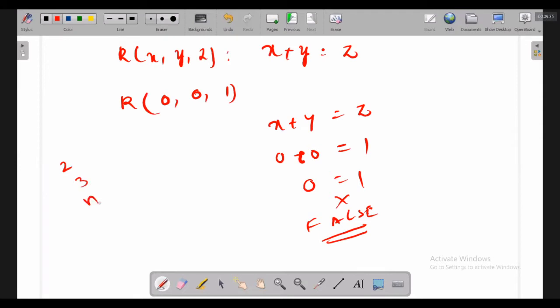If the predicate contains two variables, it is called a two-place or two-ary predicate. If it contains three variables, it is a three-place or three-ary predicate. If it contains n variables, you get an n-place or n-ary predicate. Note this down.